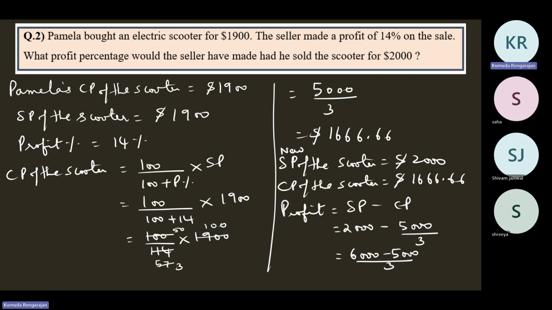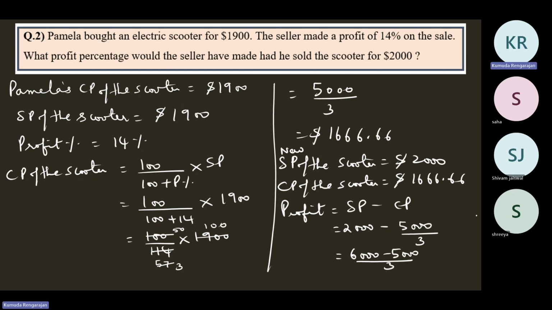Now the new selling price, meaning you have to find the profit percent if he had sold this scooter for $2,000. So the new selling price is 2,000. The cost price is the same, 5,000 by 3 or 1,666.66.